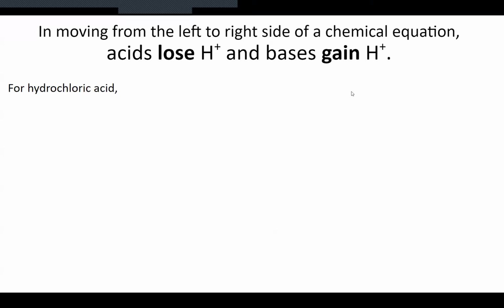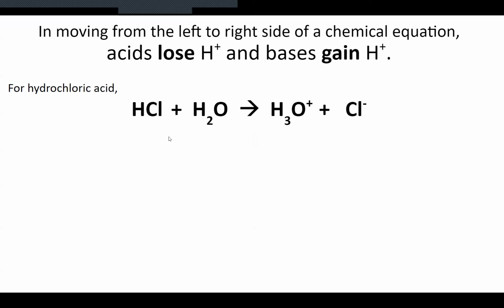So here's an example. If we take hydrochloric acid, HCl, notice that it is originally on the left side of the equation. After donating H+, what it became was Cl-. Notice that the two things that are related to each other by the donating and receiving of a proton, or H+ ion, are connected to each other in some way. We'll talk about what that means in just a moment.